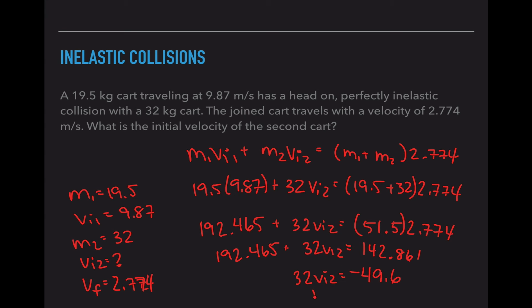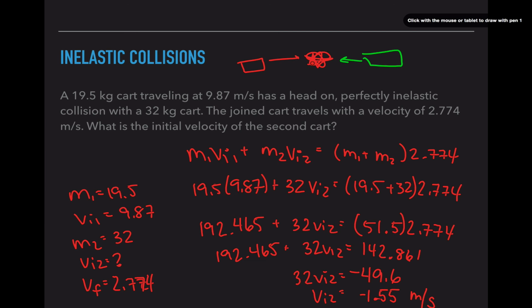I'm going to divide by 32, and the initial velocity of the second cart is 1.55 meters per second in the negative direction. So if we think of the number line, the first cart is traveling this way. The second cart is traveling this way. Collision occurs.